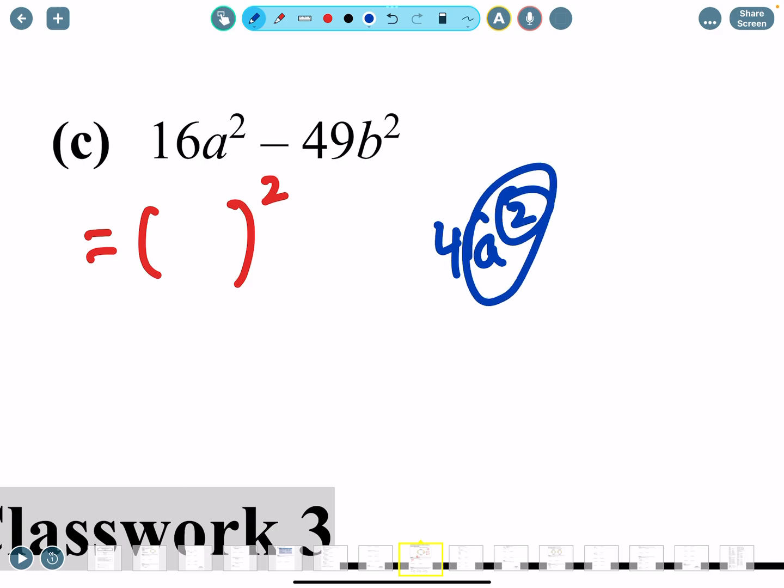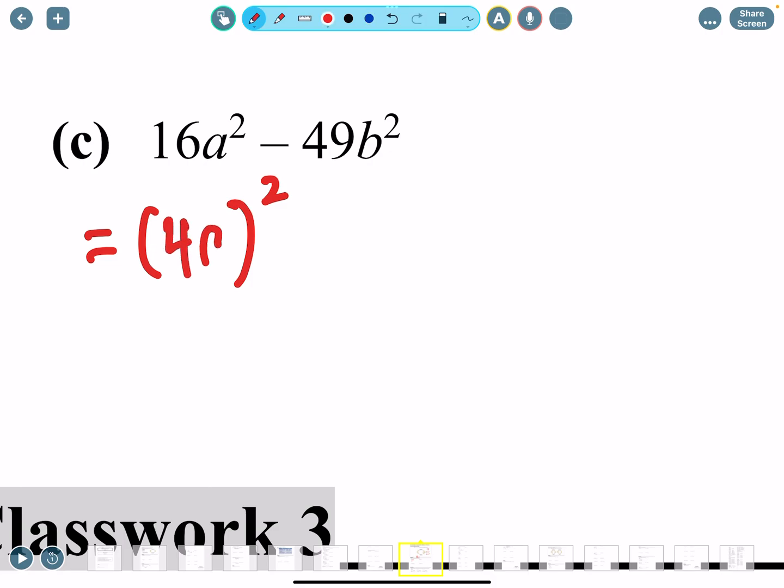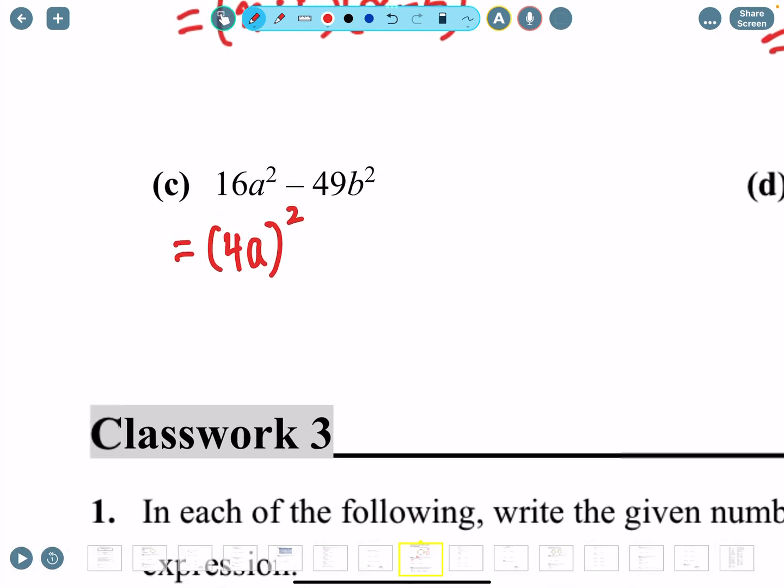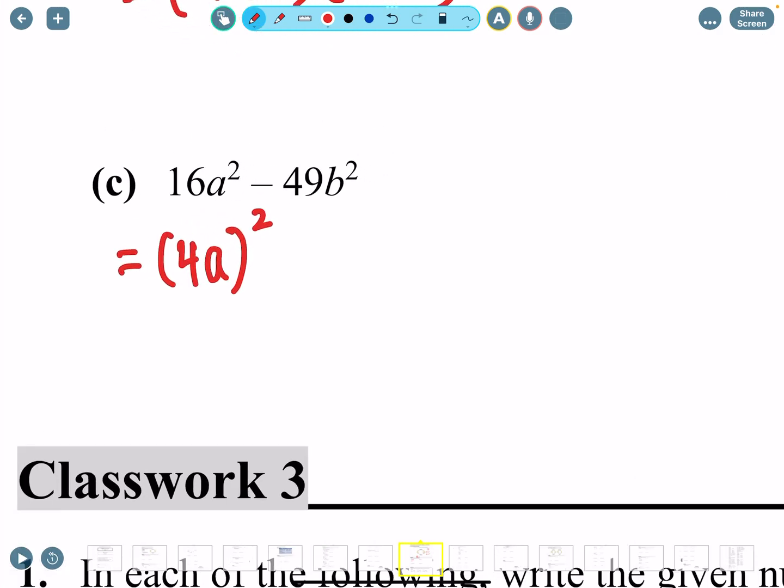This square only applies to a and not to 4. So we want it to apply to 4 as well. 16 will become 4 square, right? And a square becomes a square. So both of these two, the number and the letter, should have a square on it, and that's why we have a bracket.